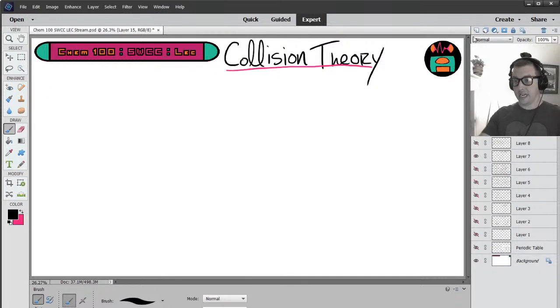Again, collision theory. When two reactants collide, that provides an opportunity for them to react and form products, right? So here's the key thing you want to keep at the forefront of your mind as we move through these next few examples.